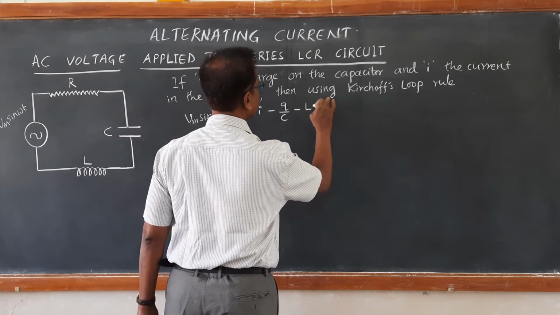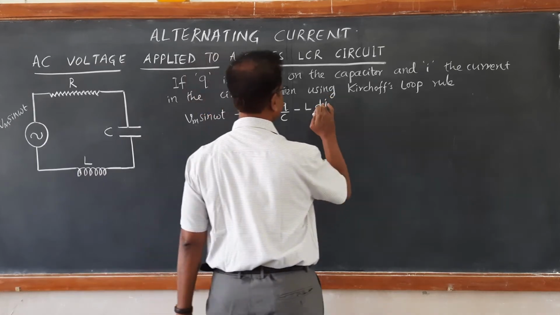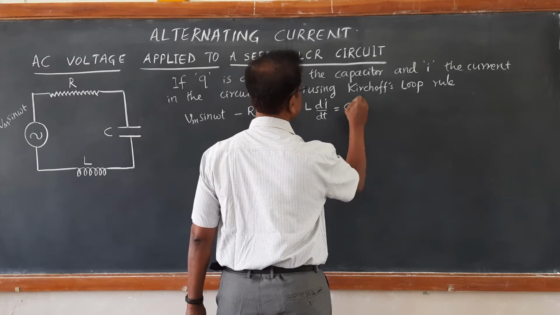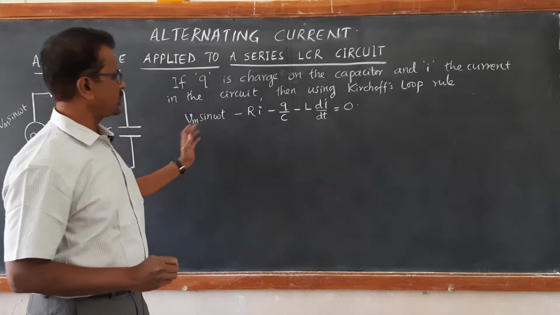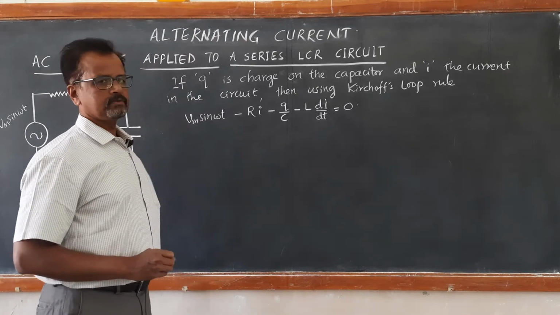The algebraic sum of all these is equal to 0.